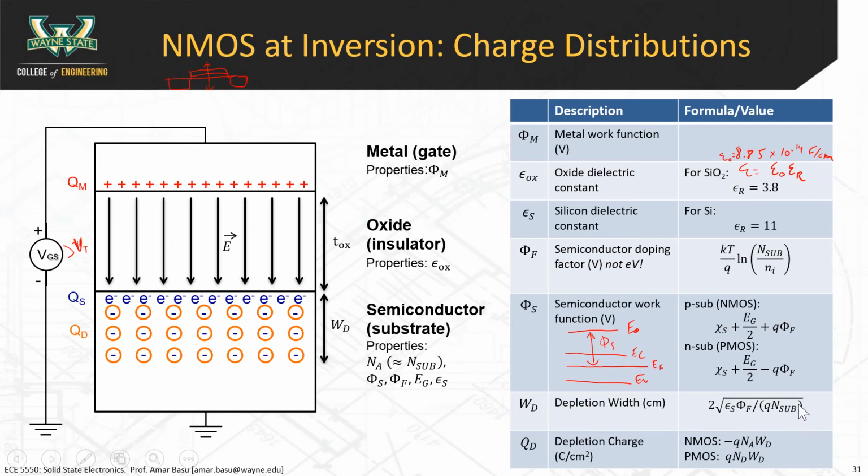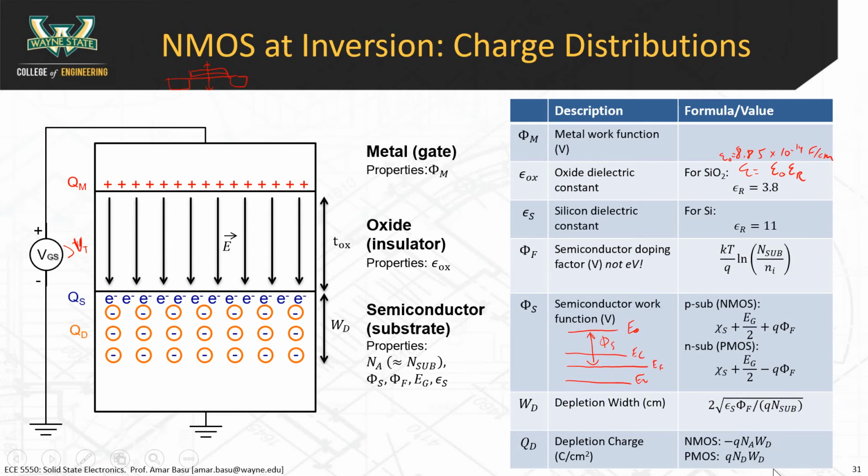If you increase the substrate doping, then the depletion width goes down. All right, and that kind of makes sense. Just think back to the PN junctions when you had a highly doped diode. If you had a highly doped diode, the depletion regions tended to be smaller. Same thing here. If you have a highly doped substrate, then the depletion region in the substrate is going to be smaller.